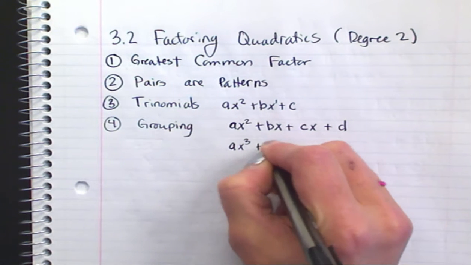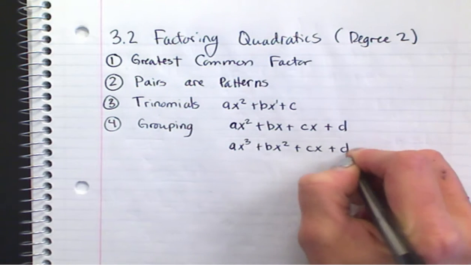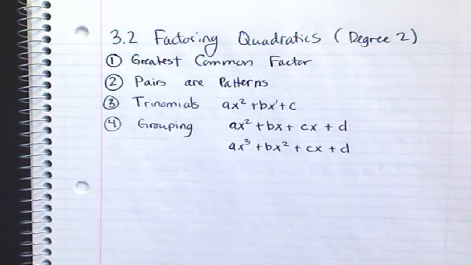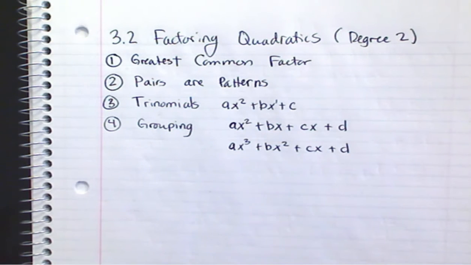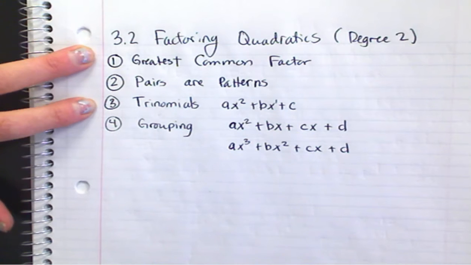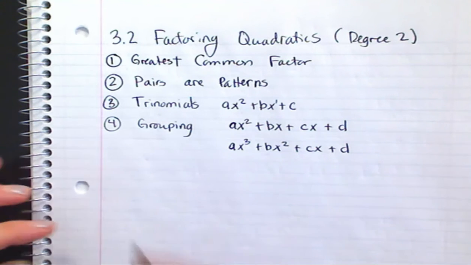Ax cubed plus bx squared. Grouping is for when you have 4 terms, or you have multiple letters and things aren't always combined to be a trinomial. Okay? We are going to focus on 1 and 3 today. That's where we're going to focus. Before we are done, you will be able to factor a bunch of different ways.